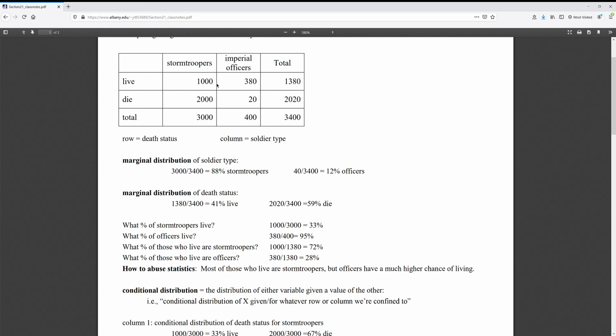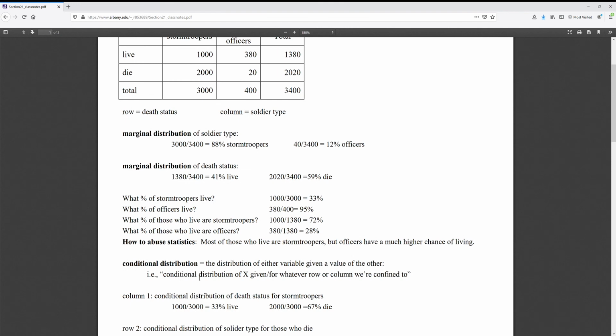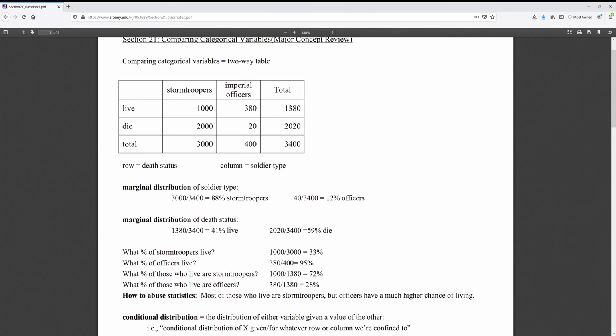Likewise, we can talk about the marginal distribution here, or here, or here, or here. We can talk about how particular rows or columns are distributed. Sorry, conditional distributions. Marginal for the margins, conditional for the particular rows and columns.